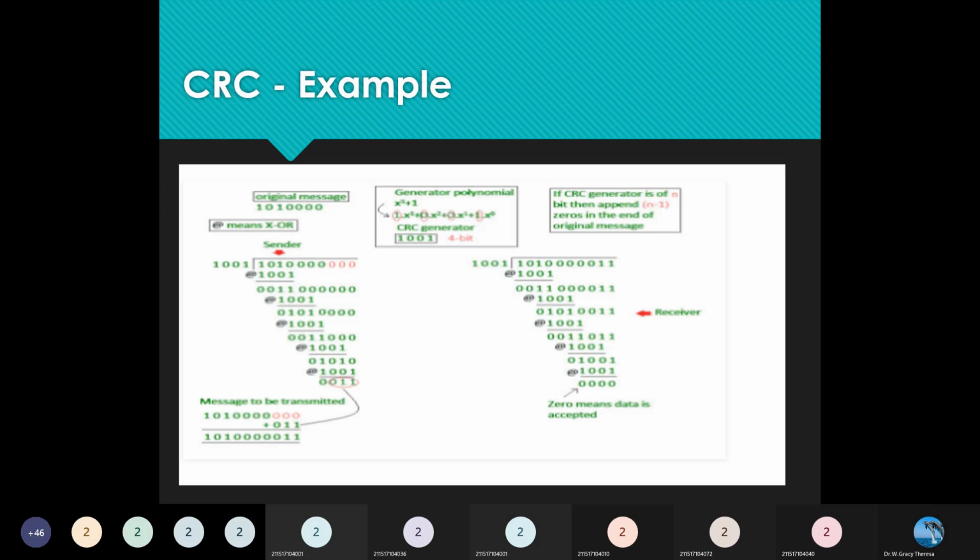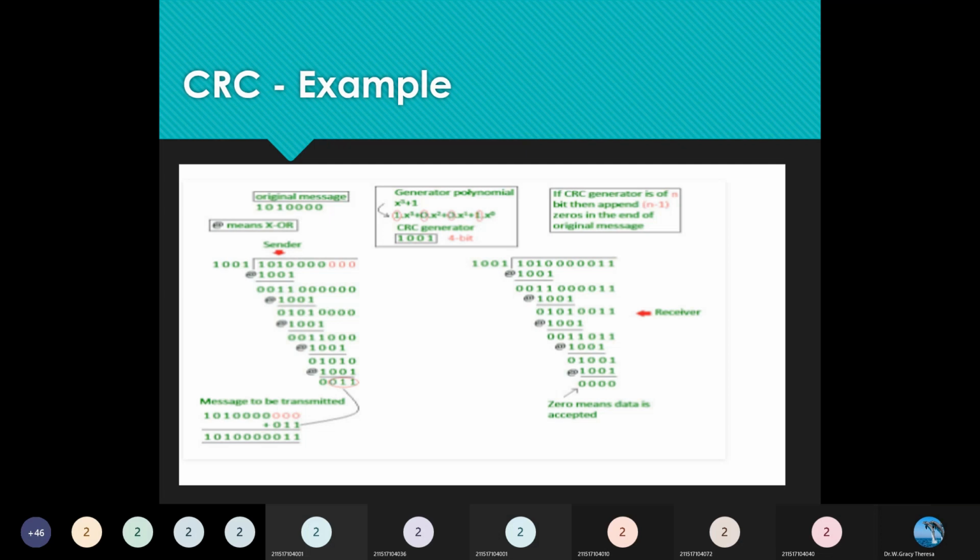The last 3 bits, 011, are appended to the message 101000, and that data is sent to the receiver. The receiver performs the same division with the same divisor, 1001, and finally gets a remainder of 0. There should be no remainder.